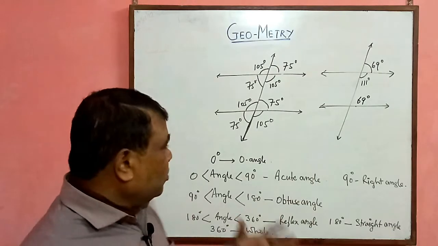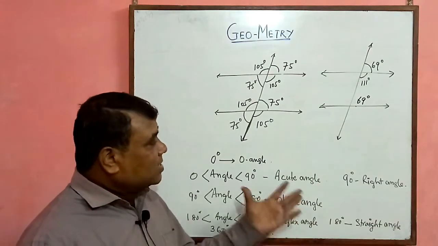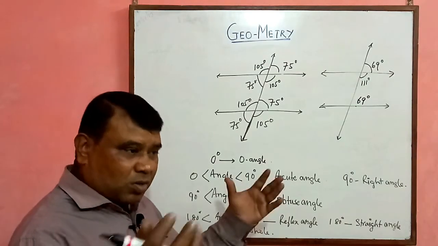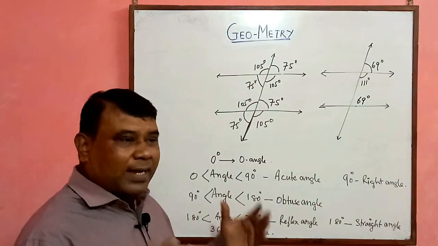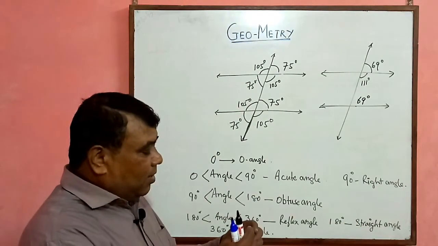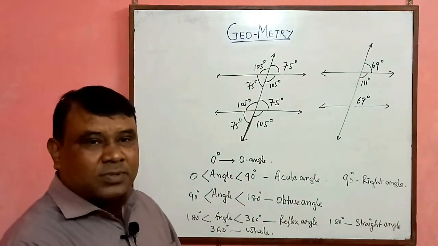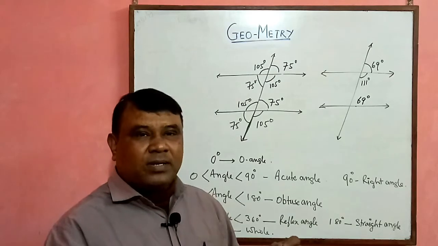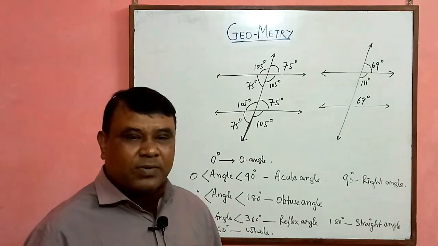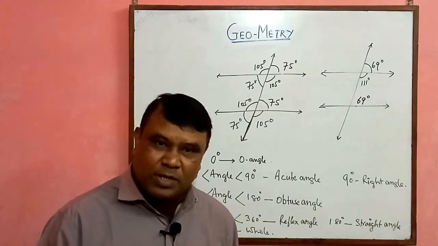We have come to know today about the angular relations. That is the reason we have drawn two lines, and when two lines meet at a point, the space between the two lines is your angle. That means an angle is formed between two lines when they meet together at a point.